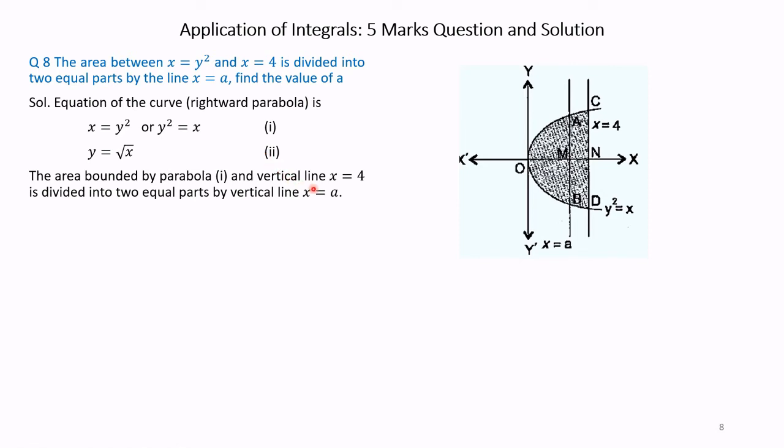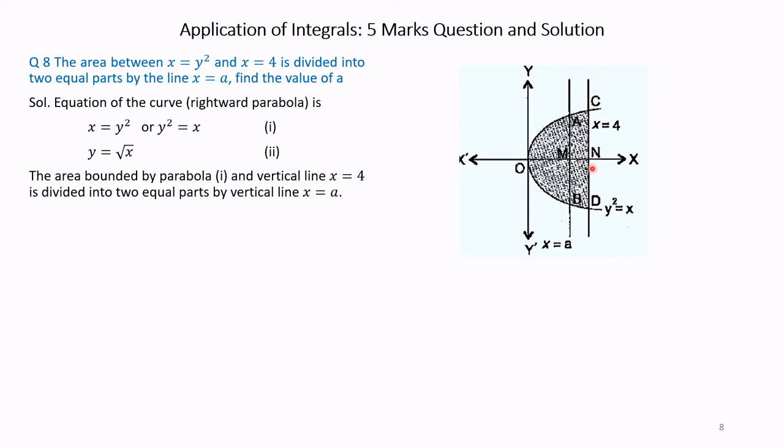The area bounded by parabola 1 and vertical line x is equal to 4 is divided into two equal parts by vertical line x is equal to a. So this is a rightward parabola. X is equal to a is this line, and x is equal to 4 is this line.